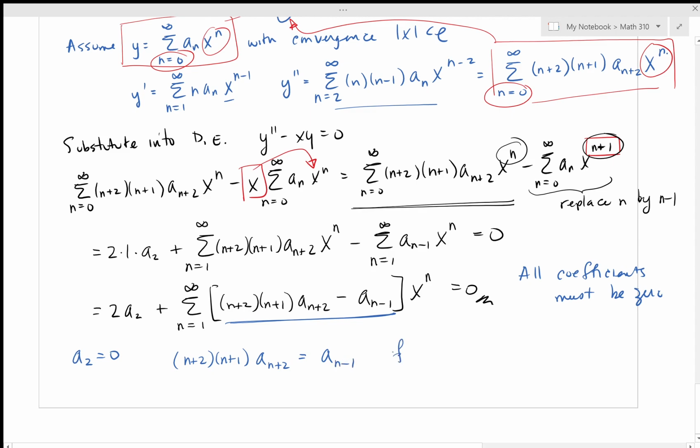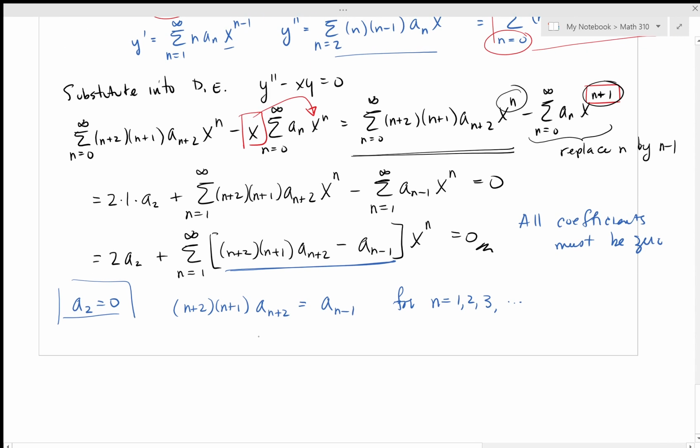That's for n equals 1, 2, 3, etc. So what do I know? I know a2, and I know here a_(n plus 2) is a_(n minus 1) divided by (n plus 2) times (n plus 1). I know that. And right now I am missing a0 and a1.